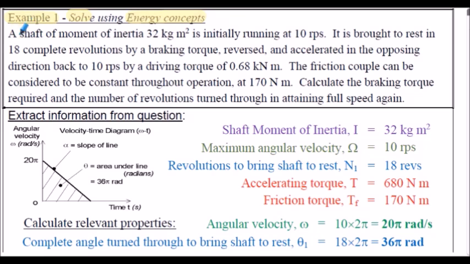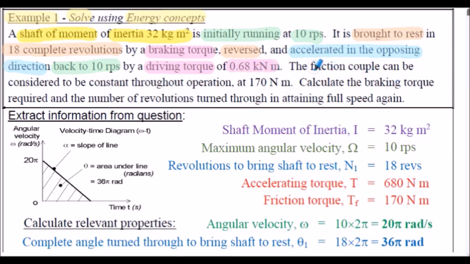So again, we have a shaft having a moment of inertia of 32 kilogram meters squared. It's initially running at a speed of 10 revolutions per second. The shaft is brought to rest in 18 complete revolutions by a braking torque. It's then reversed and accelerated in the opposing direction back to 10 revs per second. The driving torque applied is 0.68 kilonewton meters.